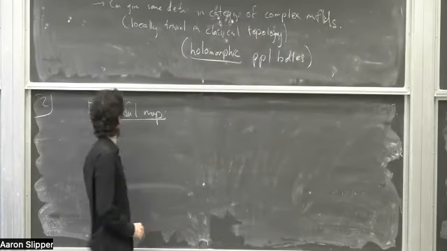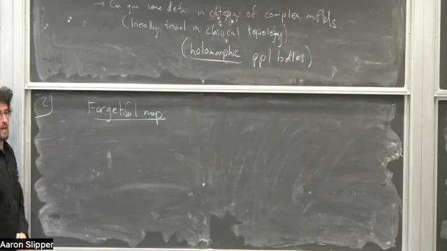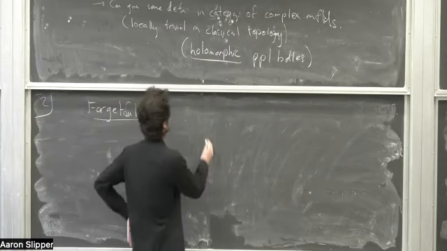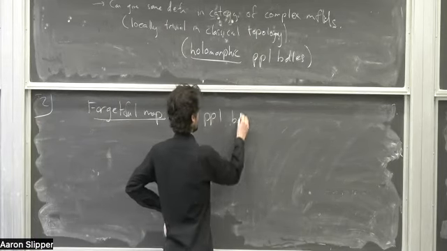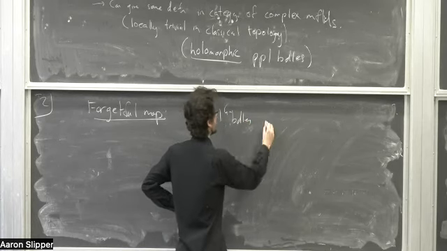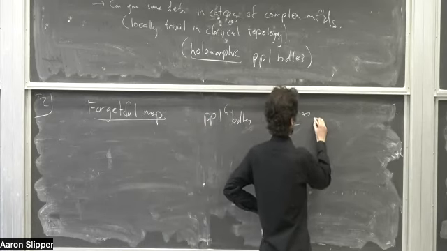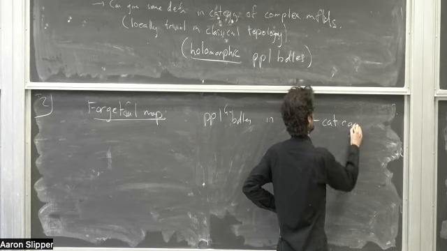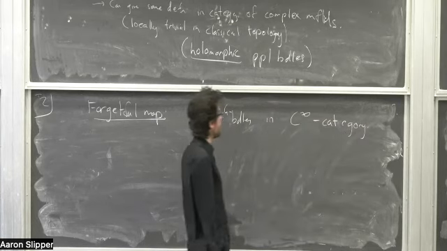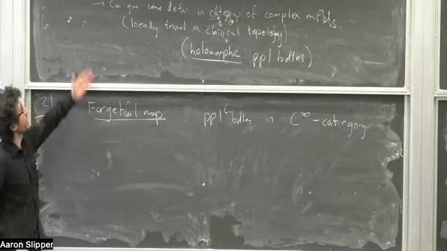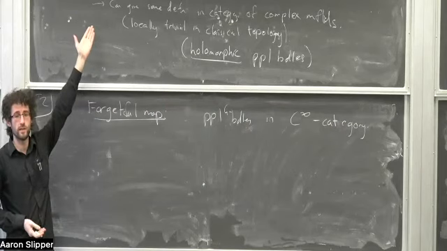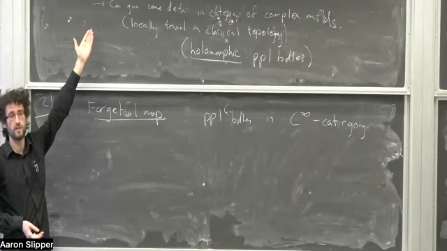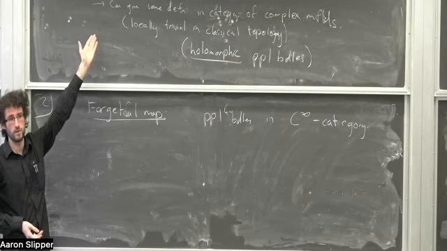Now, you have a forgetful map to principal bundles, G-bundles in the C infinity category. So, namely, I could have P and X as above, but this time I only require that these are smooth manifolds.